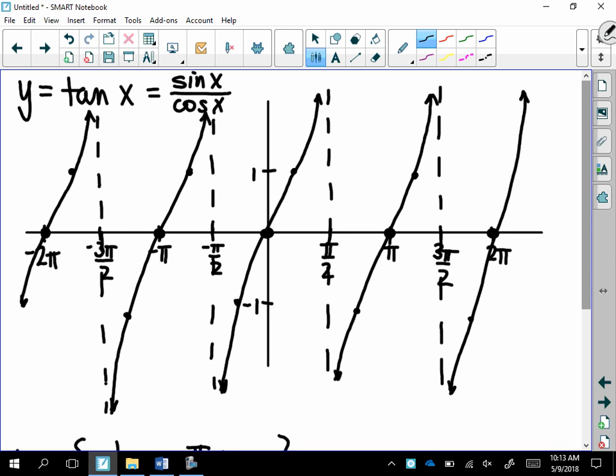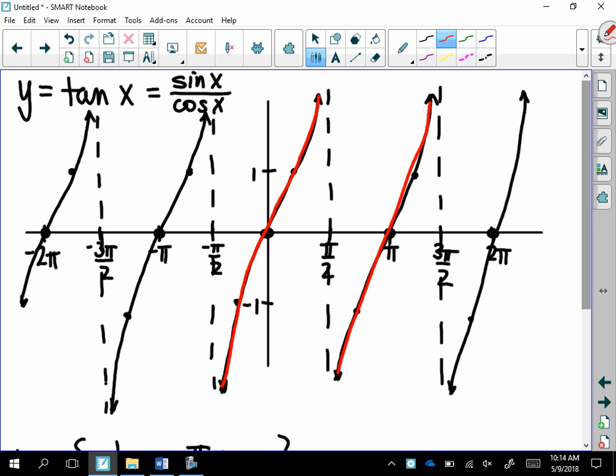But they do have a period. And the period is how often the graph repeats itself. If you look at it, each of these little branches is one repetition. So how long does it take for them to repeat? This first one goes from -pi/2 to pi/2. How long is that?